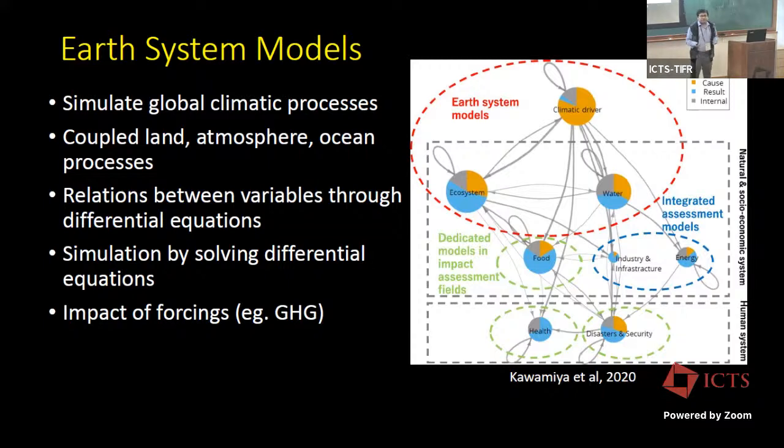Now these Earth system models are coupled models. There are many different components: land processes, atmospheric processes, ocean processes, and so on, each of them represented by a large number of differential equations which represent our understanding of the physics of those processes and also the coupling between those equations.